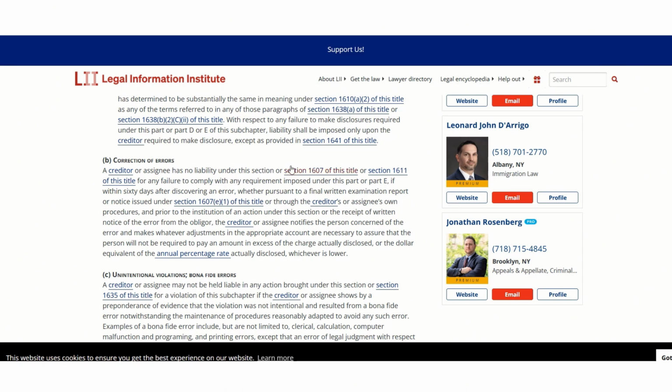Hold on, let me see what it says. If within 60 days after discovering the error. So you let them know of the error, and after 60 days, if they don't fix it, then they become liable for not correcting the error. But if they correct the error, then they have no liability.